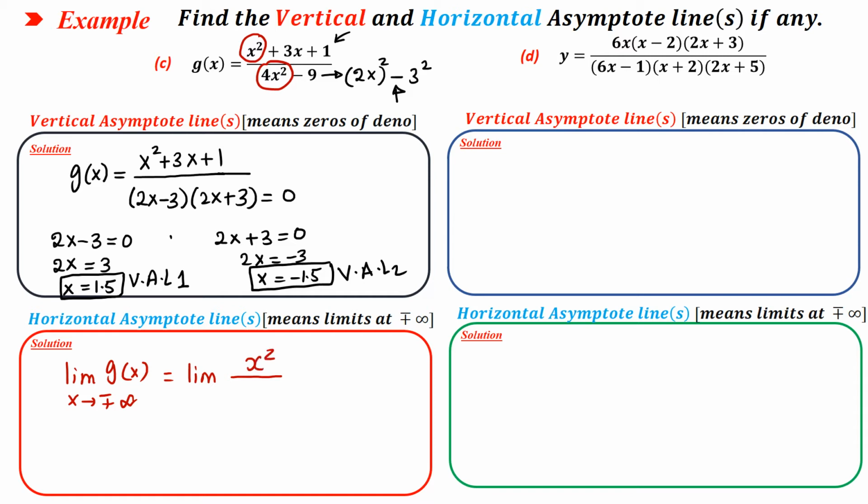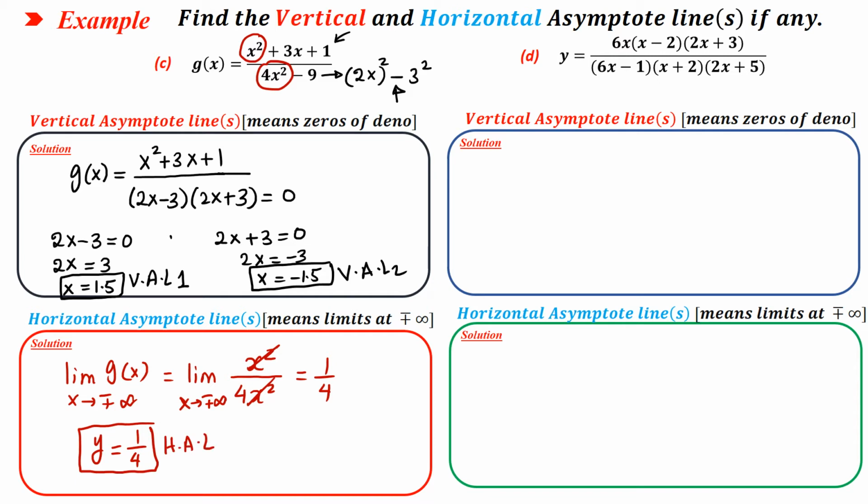So we have x squared divided by 4x squared when x goes to positive and negative infinity. By simplifying x squared with x squared, you will get 1 over 4. So the horizontal asymptote line is y equals 1 over 4, and we have only one horizontal asymptote line.